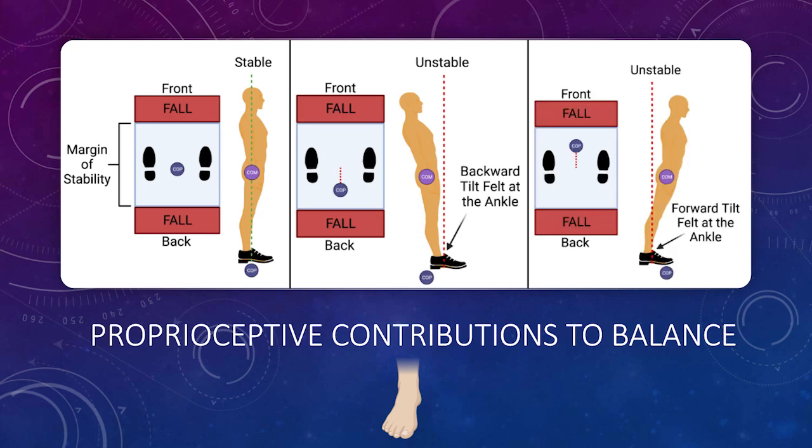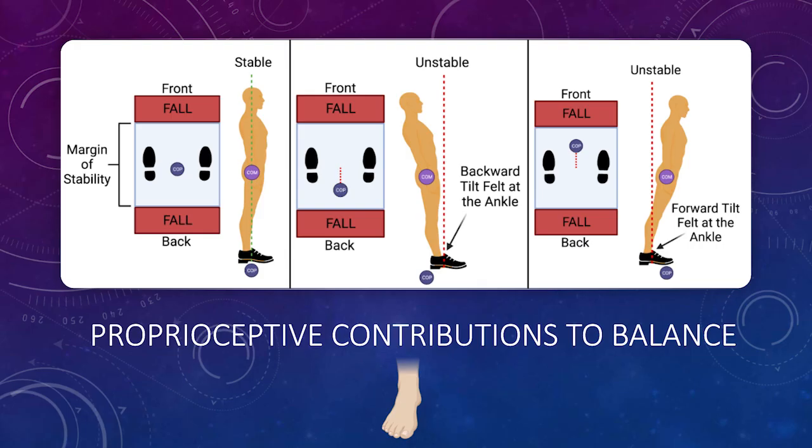Now, if a person were to sway either backwards or forwards in this position, it would move their center of mass away from their base of support, which would make their posture less stable. At the same time, that would cause a stretching at the ankle, which would tell the brain that the posture is destabilizing and cause a stabilizing muscle response.